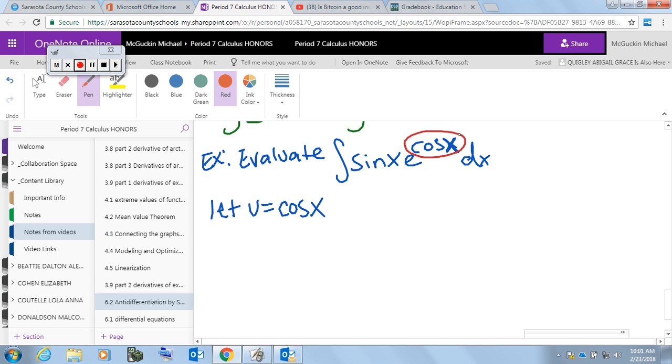Well, think about what it means to be the differential. It means taking the derivative. I want du in its place. Let's take the derivative of u to see what happens here. So the derivative of u, du with respect to x in this case, is negative sine of x. Maybe you're starting to see a pattern here.